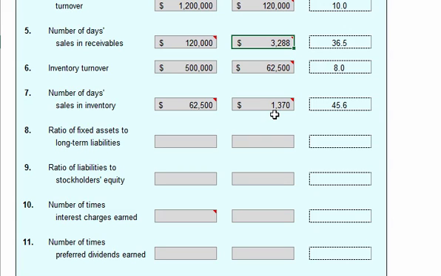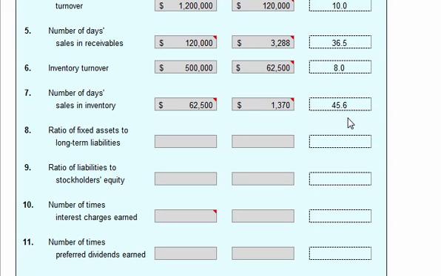Actually, we'd want to divide that by the 13.70. So their markup is 140% of cost. Okay. And what does this number tell us? 45.6. On a given day during the year, we're holding enough inventory to cover 45.6 days worth of sales.